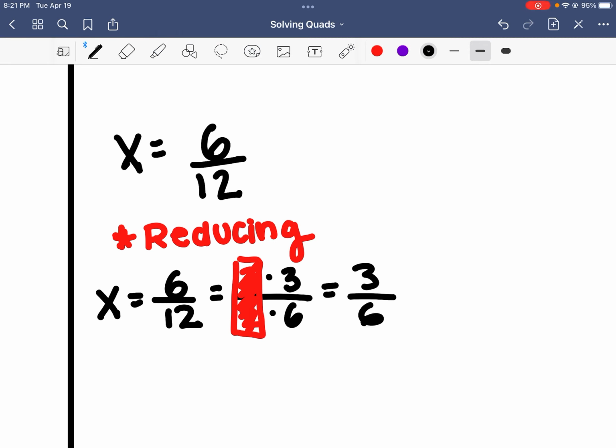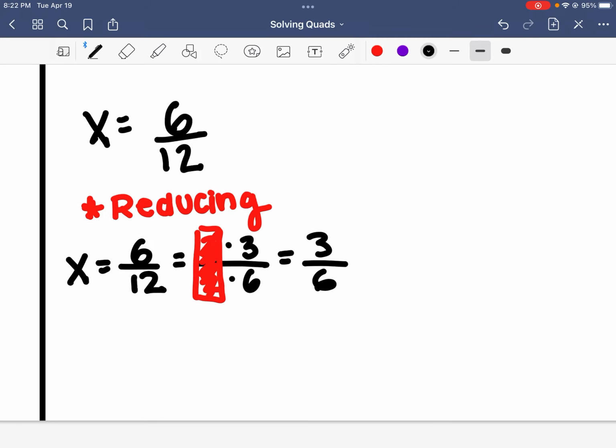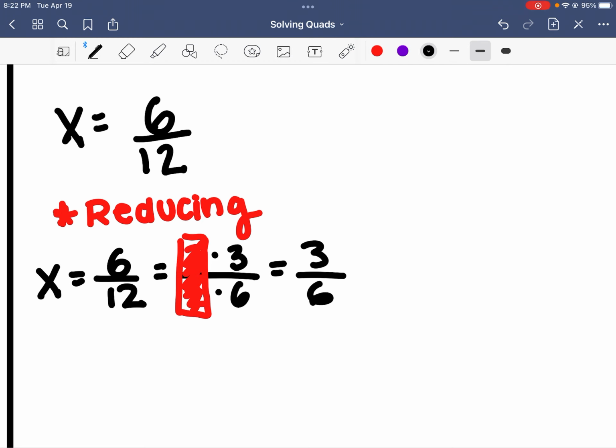They're not even. Well, 6 is even, but 3 is not. So I can't reduce them by 2. But what about by 3? If I had a multiplication table in front of me, I would see that I could reduce it by 3. So I'm going to take an extra step. 3 and 3. So I know that 3 times 1 gives me 3.